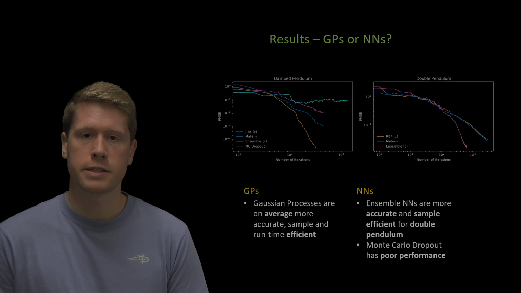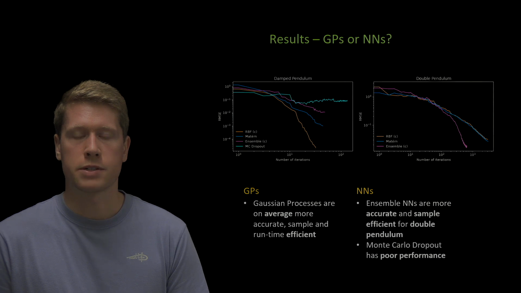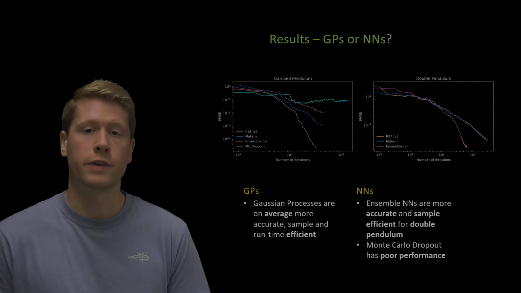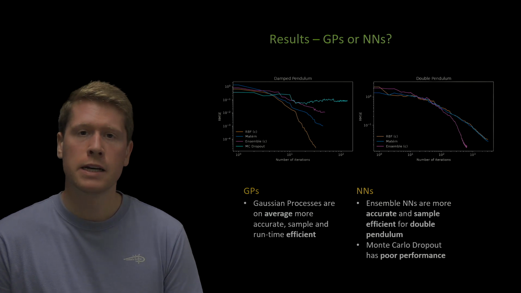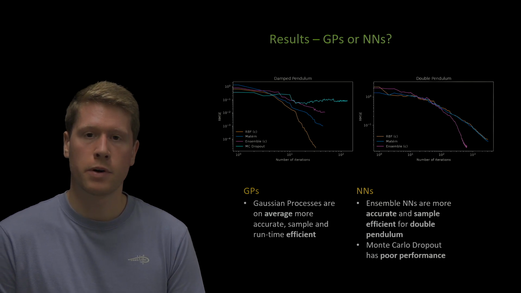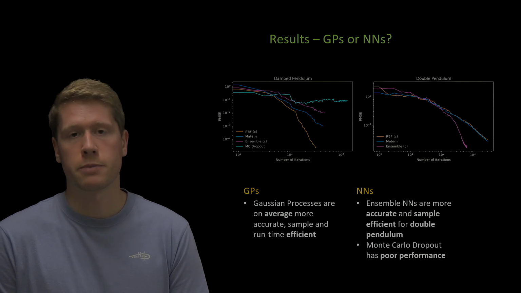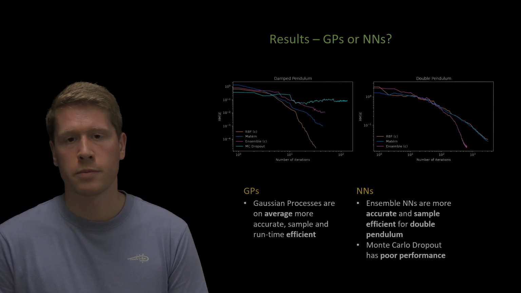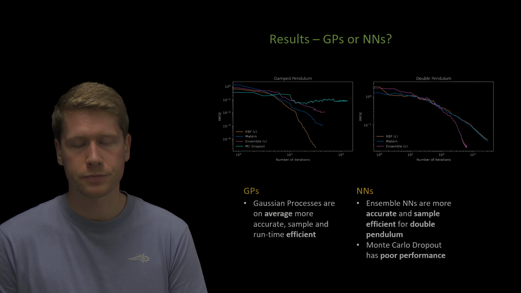We can see this quite well if we look at the 2 figures on this plot. On the left side, the damped pendulum. On the right side, the double pendulum. What we see is the test error over the active learning iterations until convergence.